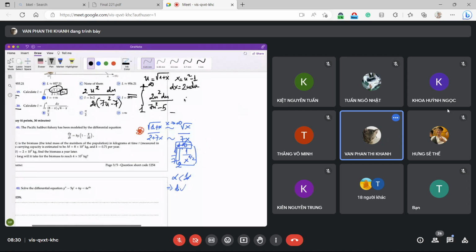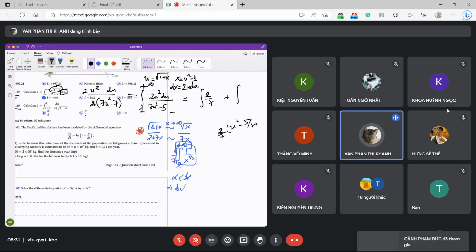And how can you evaluate this one? So you take 2 over 7 integral plus what? Plus integral of 2 over 7. And the other one, what do you have, class? So 2 u squared minus 5 over 7.